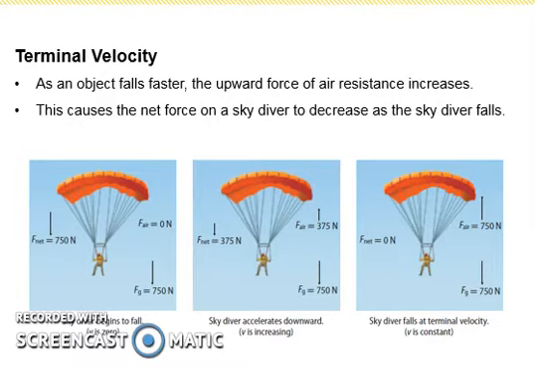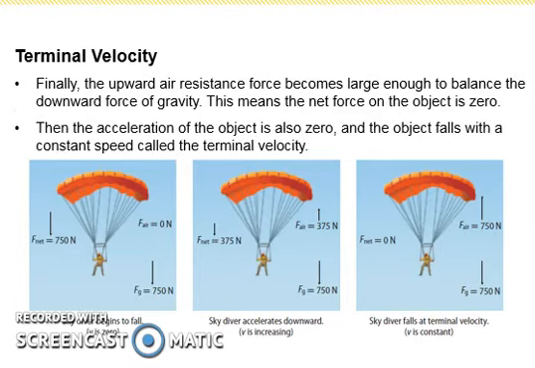And this causes the net force on a skydiver to decrease as the skydiver falls. Finally, the upward air resistance force becomes large enough to balance the downward force of gravity. This means the net force on the object is 0. Then the acceleration of the object is also 0, and the object falls with a constant speed called the terminal velocity.